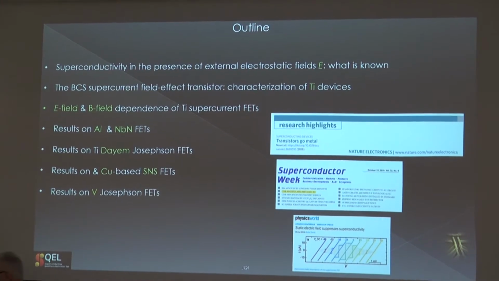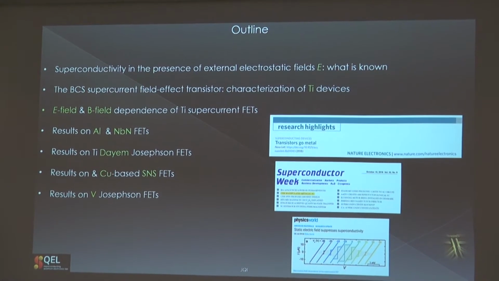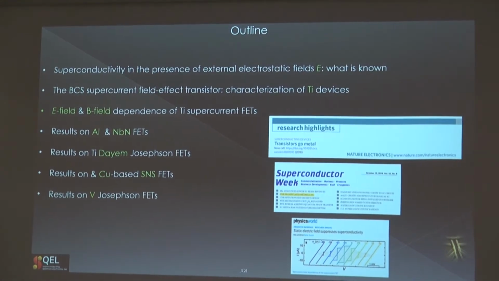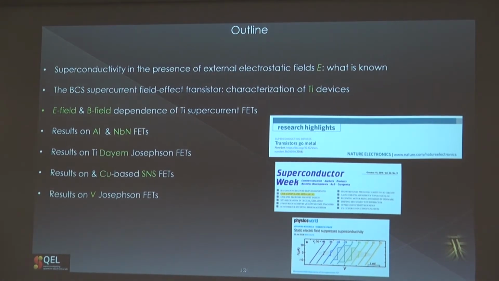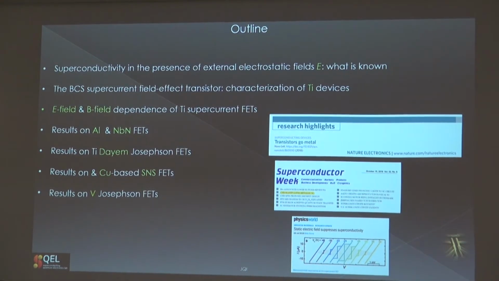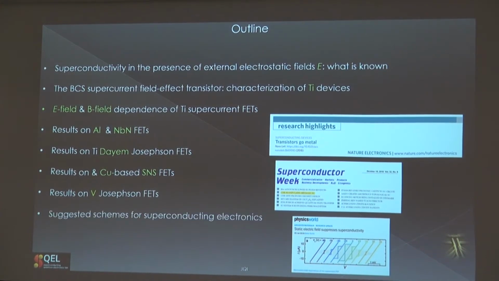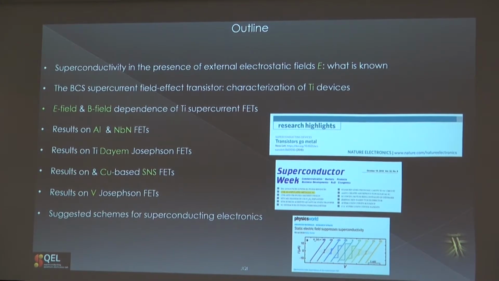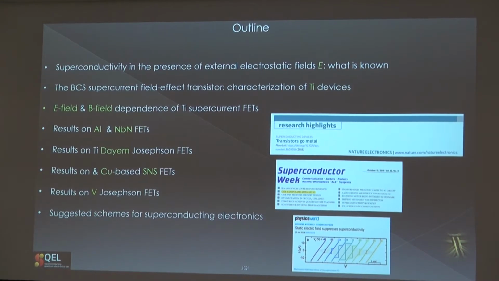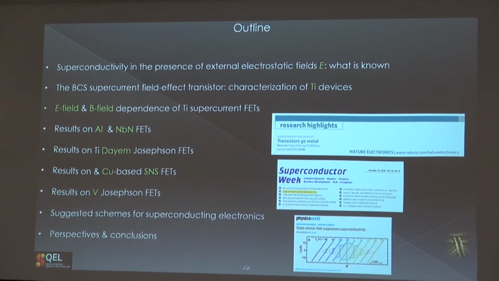So this pushes the technology towards higher temperatures of a few kelvins. And so in this sense, with vanadium-based technology, as well as niobium nitride, I guess one could really start to think of using this effect toward the realization of superconducting electronics. Okay? I will conclude by giving some suggested schemes for superconducting electronics based on this effect, and then I will give some perspective and conclusions.